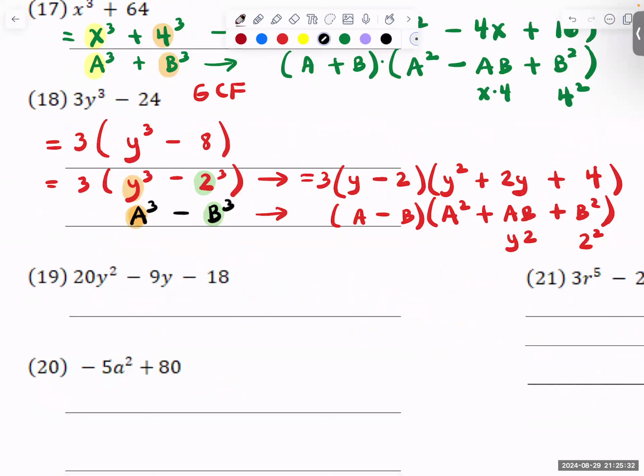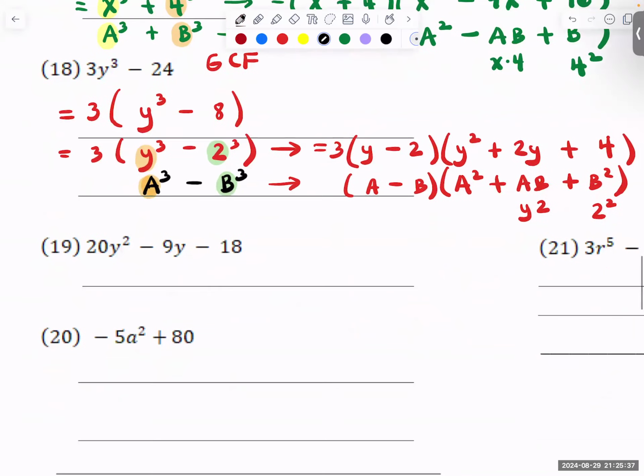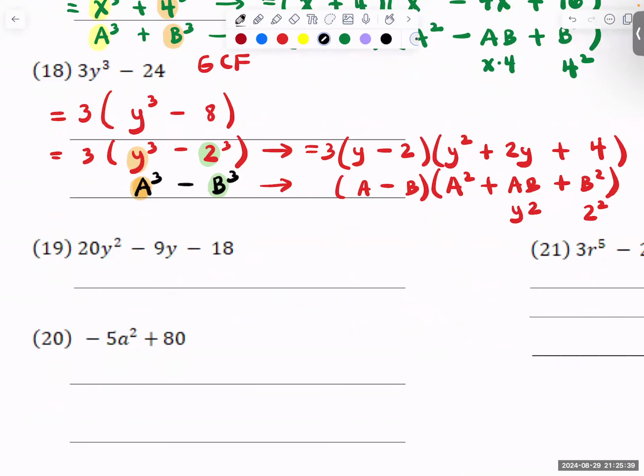Number 19, factor the second degree trinomial. The greatest common factor is 1. So let's try to factor this as the product of 2 binomials.